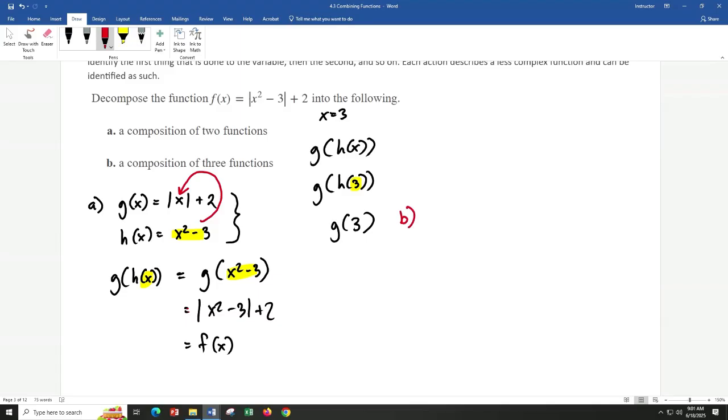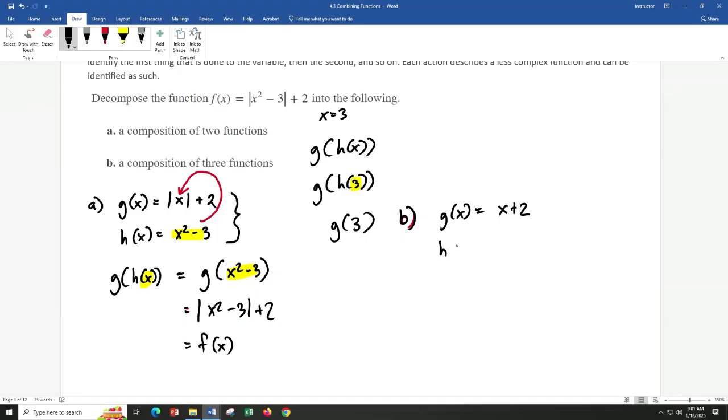Come in here. Notice I said to you there's a linear in here. How about I do this? G of x is equal to x plus 2. Kind of makes sense, right? A little bit.